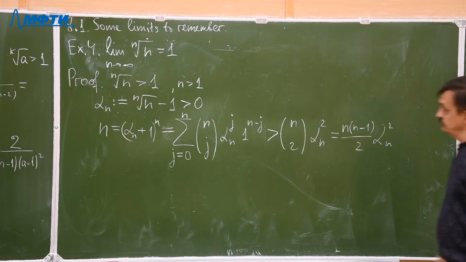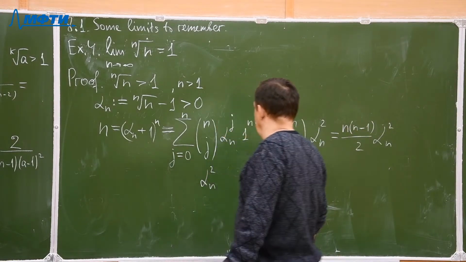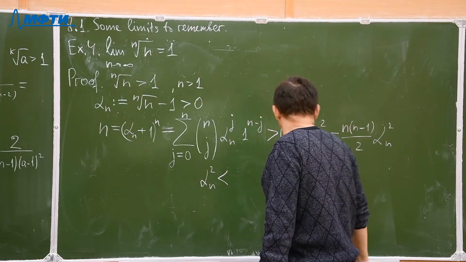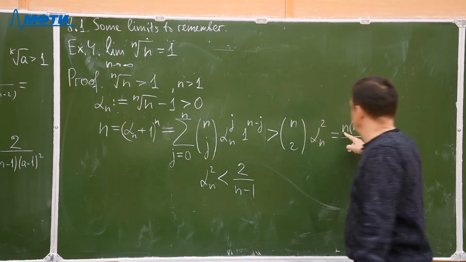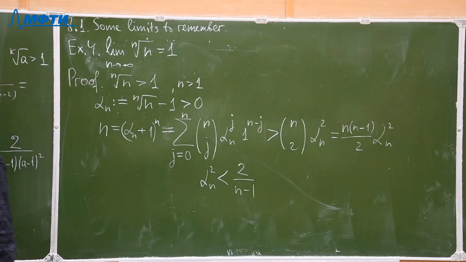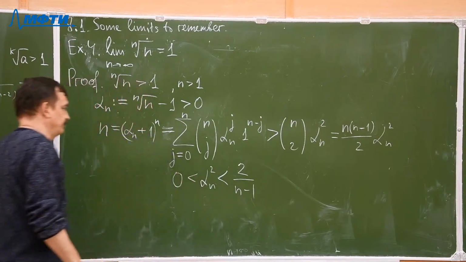So we obtained the inequality alpha n squared less than 2 over n minus 1. So cancel n, and we have this one. Of course, this is a positive number.